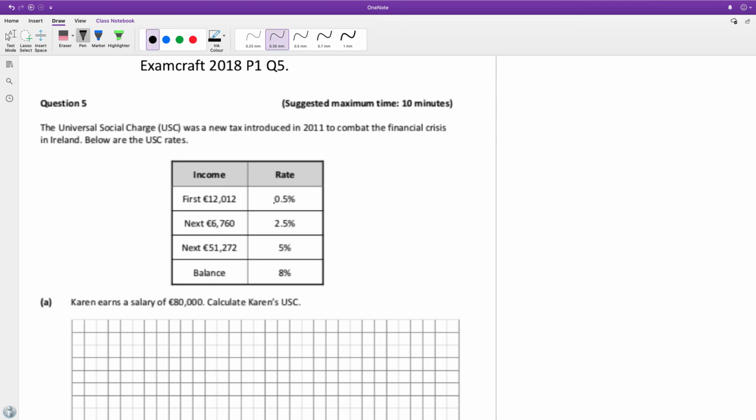Right, let's look at it. So, 12,012 multiplied by 0.5% is €60.06. 12,012 multiplied by 0.5% is not 0.05.